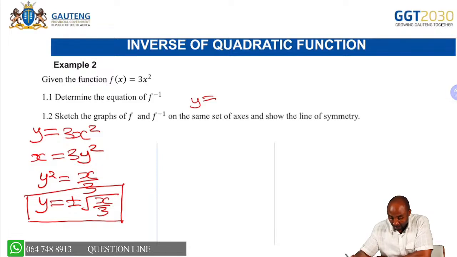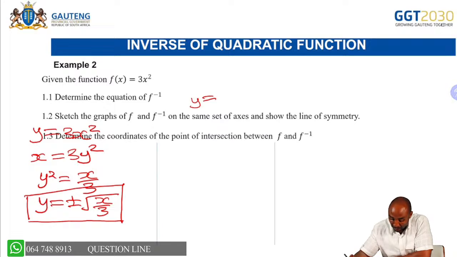Now, 1.2, we are supposed to do the sketch, and 1.3, we are supposed to determine the coordinates of the points of intersection between f and f inverse. Let's check. This is what we just did.